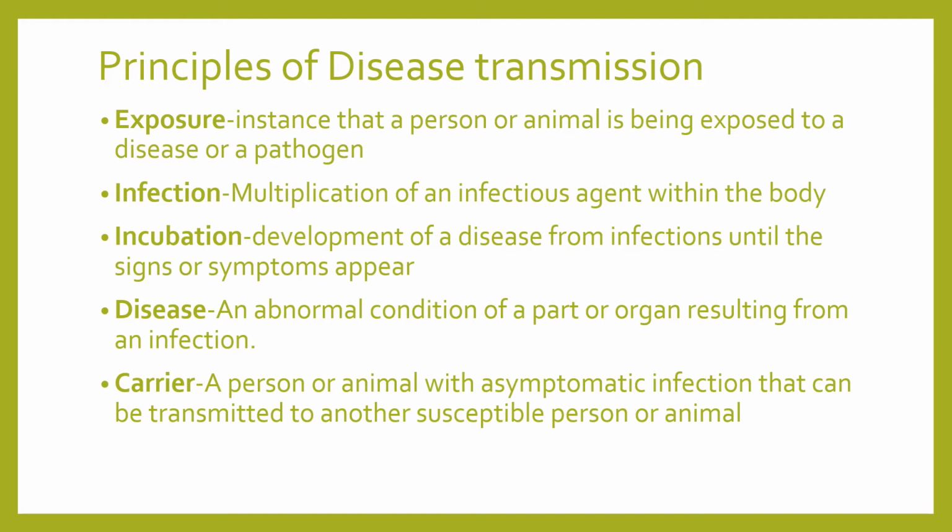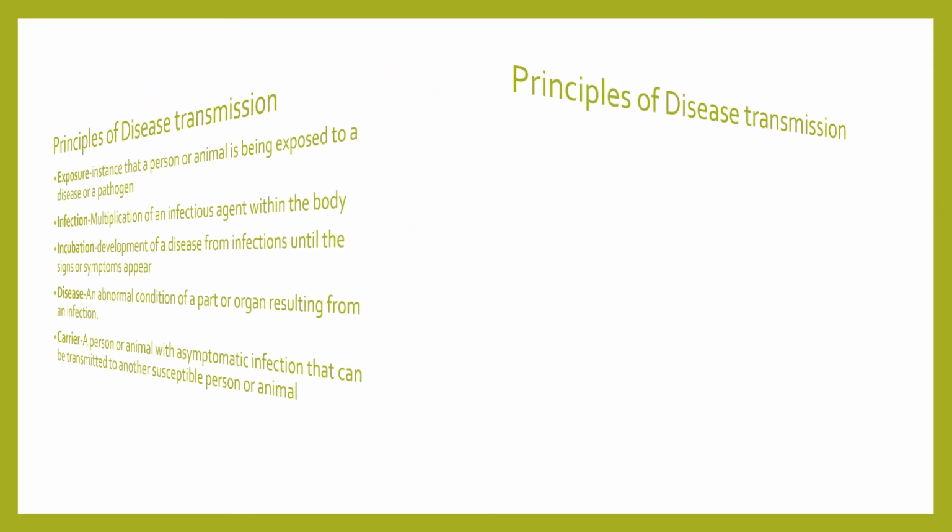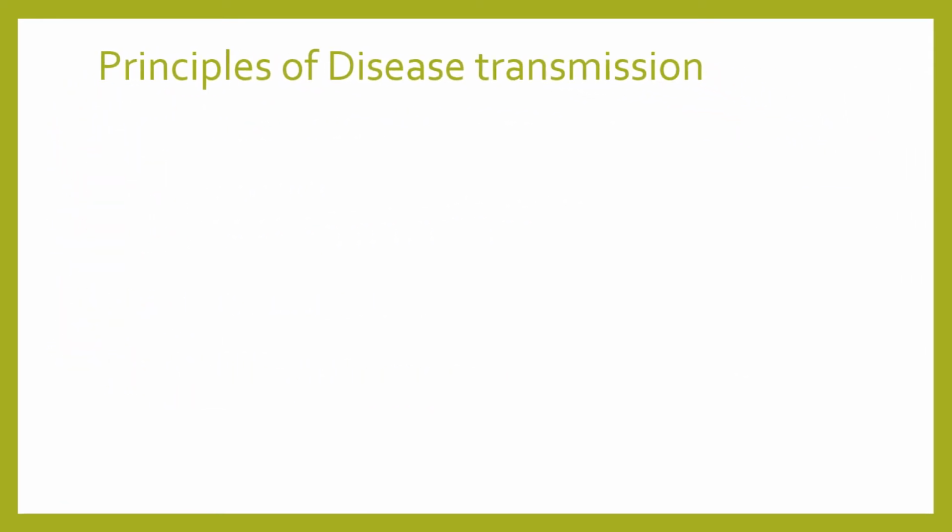They are called your carriers. So these carriers are persons or animals with asymptomatic infection that can transmit the infection to another susceptible human or animal. Okay, continue the definitions.